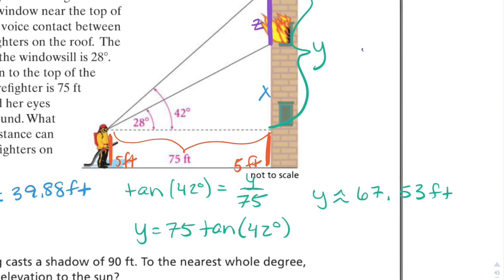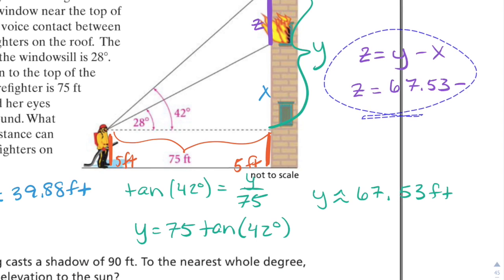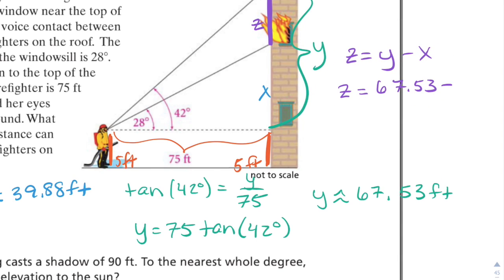Z is going to be equal to y, being the whole thing, take away x. So z is going to be equal to 67.53, take away x, which is 39.88. So 67.53, take away 39.88.